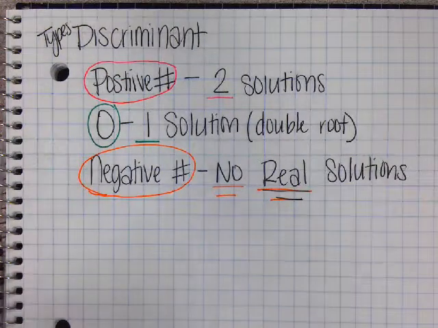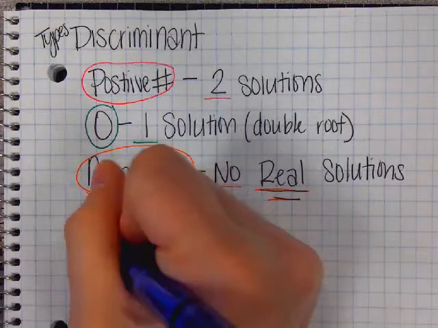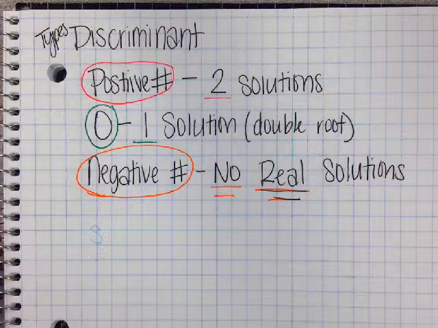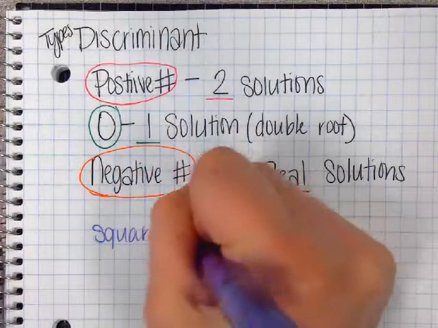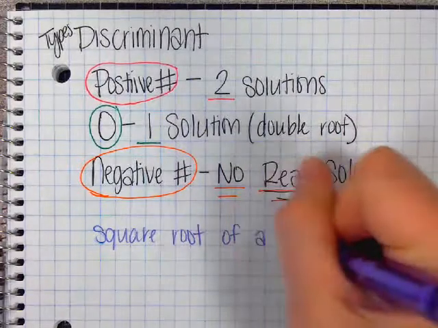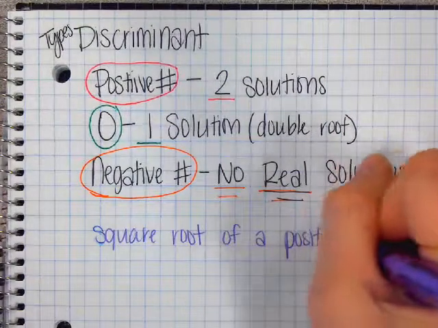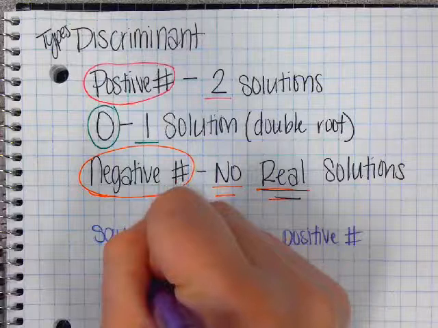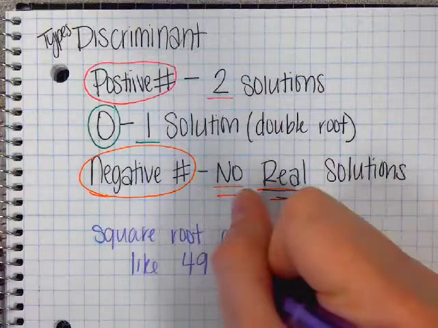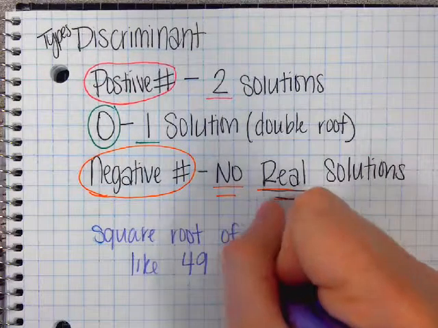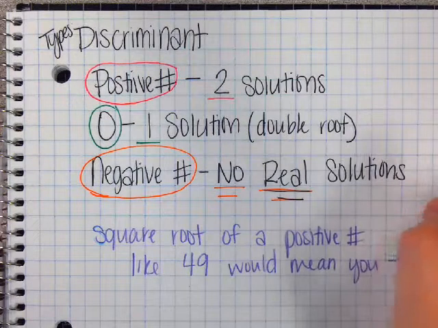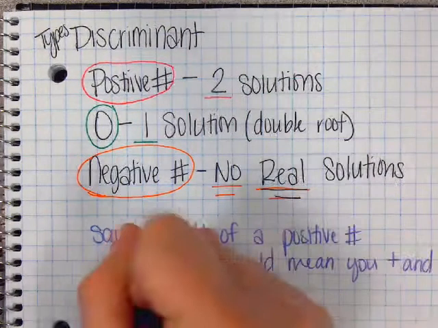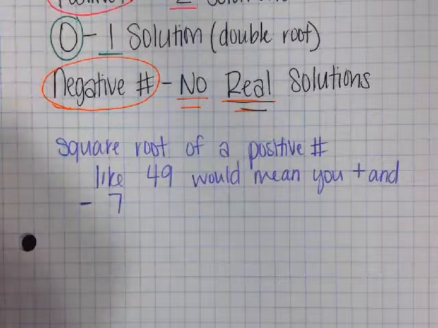And the reason why, you can write this little note if you want to. The square root of a positive number, like 49, would mean you add and subtract 7.